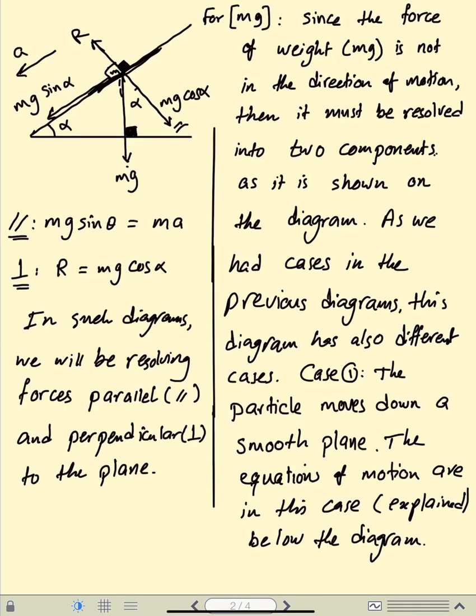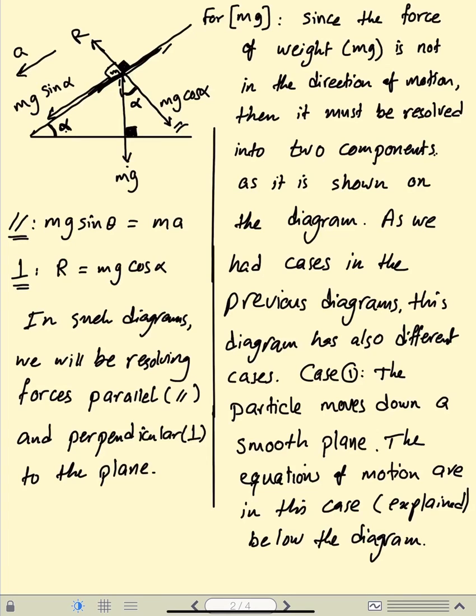To understand this easily, this is the particle moving on an inclined plane at angle alpha. If this angle is alpha, so this angle is also alpha. This and this are equal angles.